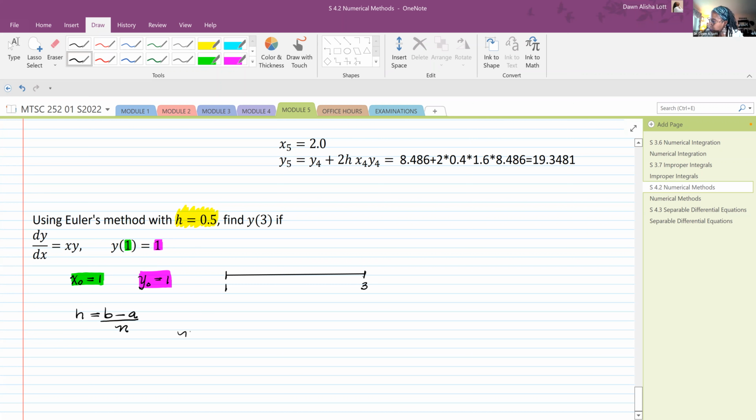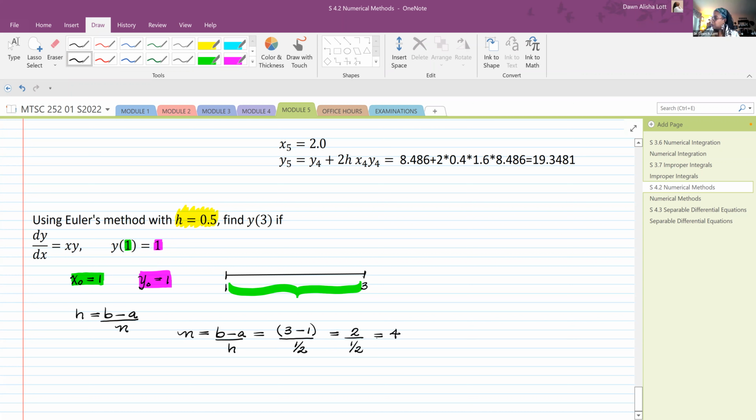So n is going to be b minus a over h. b minus a is 3 minus 1, that's the 2 units that you're looking at here, and the length of each one is 1/2. That's the 0.5.